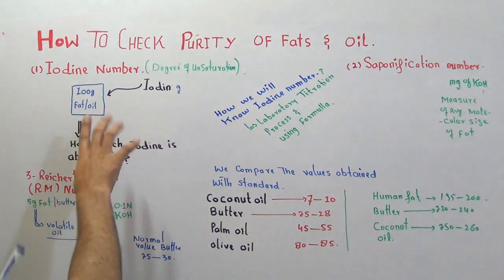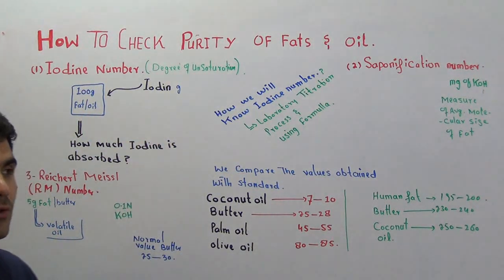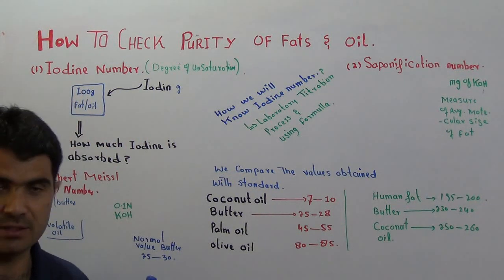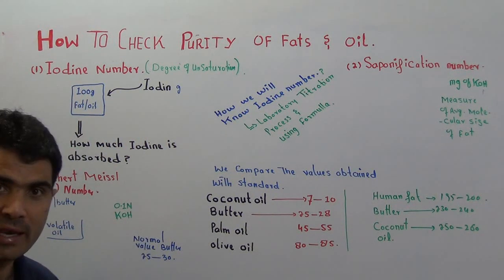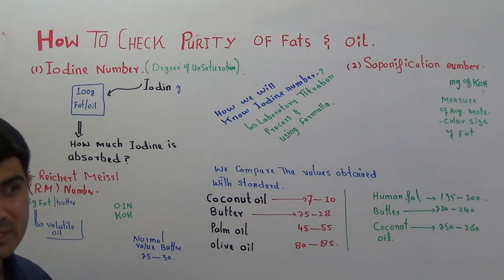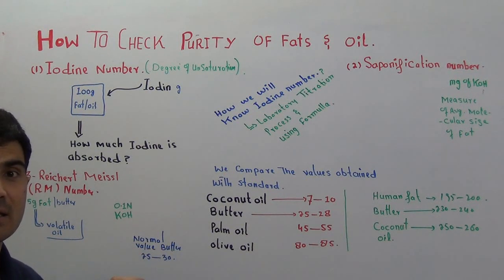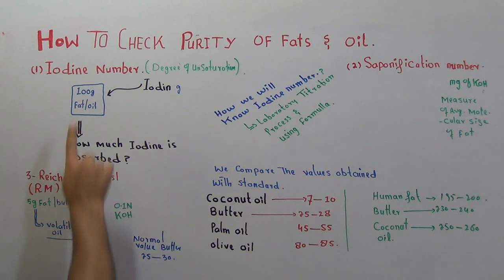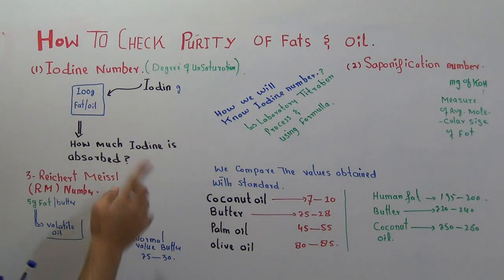Let's suppose what we will do to carry out this test. You need 100 gram of fat, any oil that you think may contain some unsaturation, how many double bonds there are. You need to take 100 gram of the sample, maybe this is oil or fat.